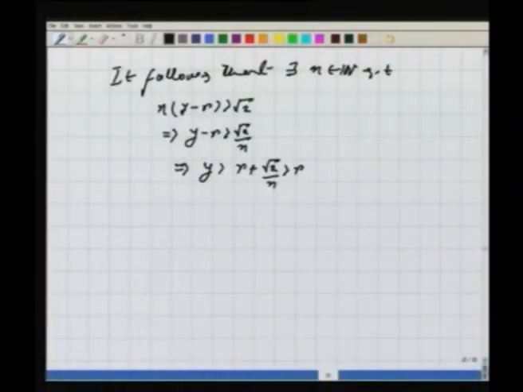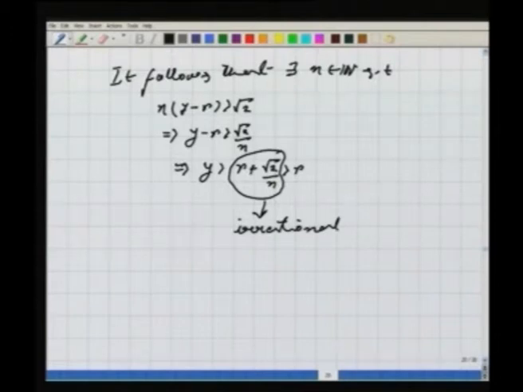Now, if I can somehow guarantee that this is irrational, then I am through. But why should it be irrational? Well, again we use the contrapositive argument. About the rational number system, we know that if we add or subtract two rational numbers, I land up within the set of rational numbers.